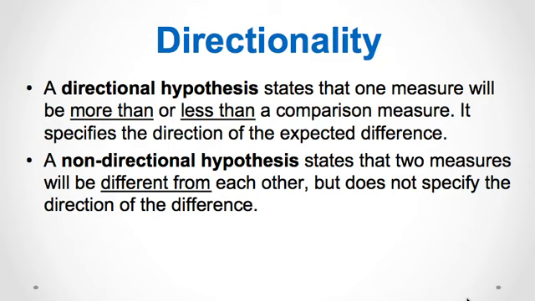This signifies a non-directional hypothesis. The null hypothesis will always be stated as H0 mu equal to some value. And the alternative hypothesis will always be stated as H1 mu not equal to some value.